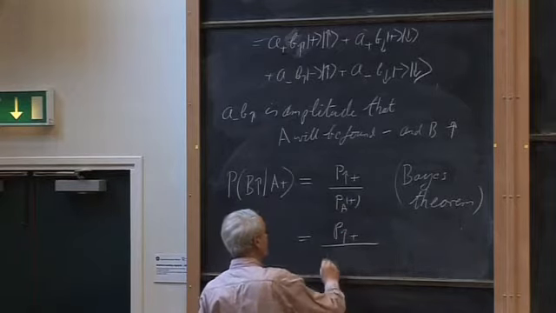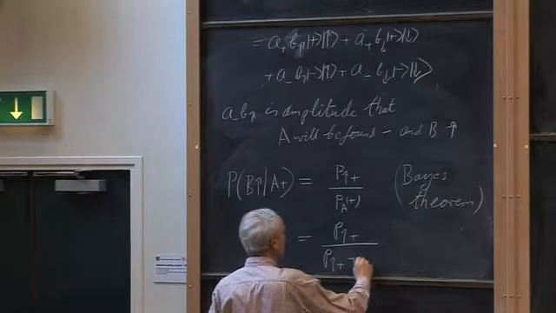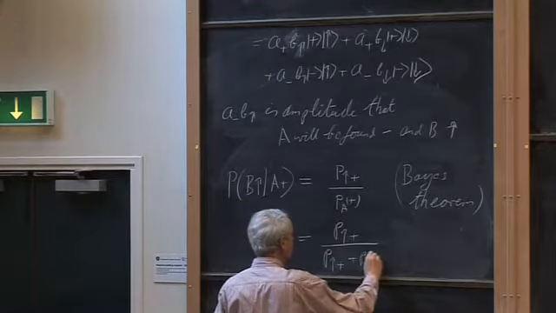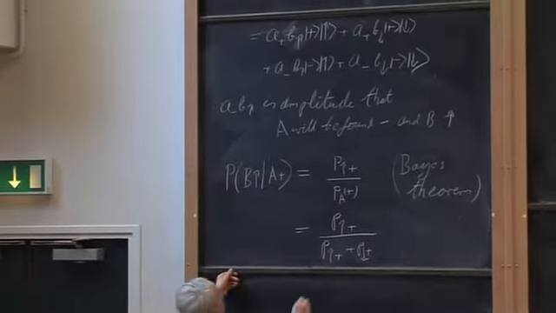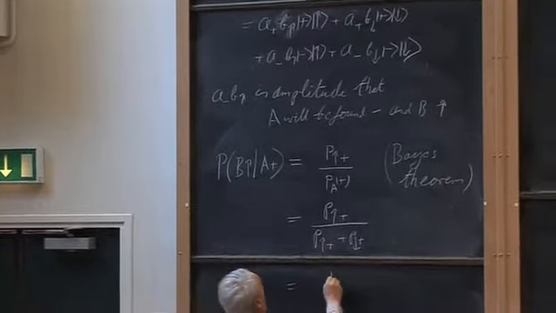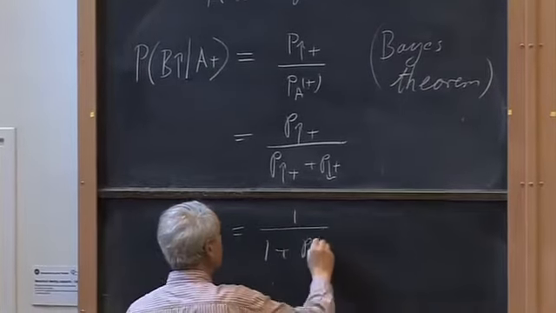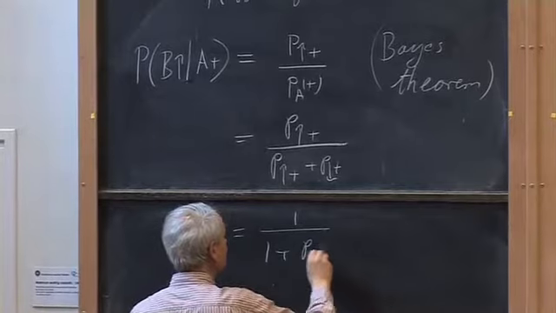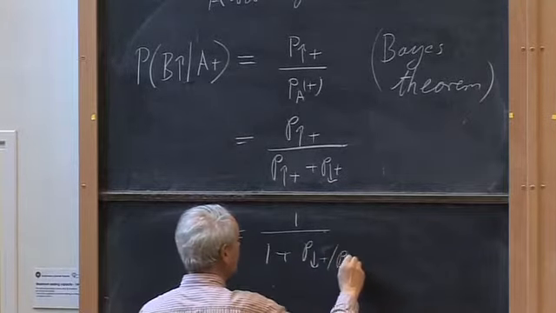So this probability on the bottom is P up plus plus P down plus. So this is equal to 1 over, dividing through, 1 plus P down plus over P up plus.